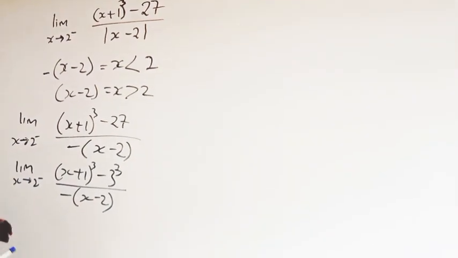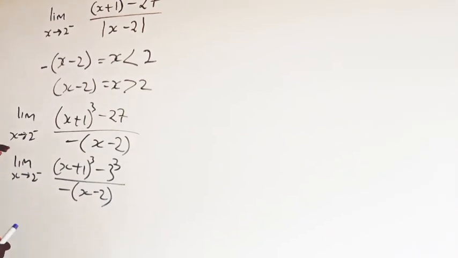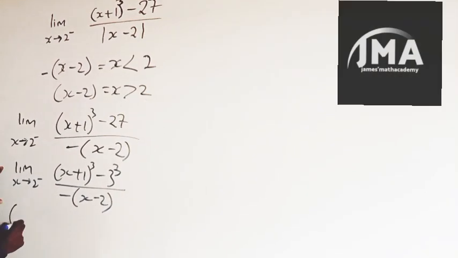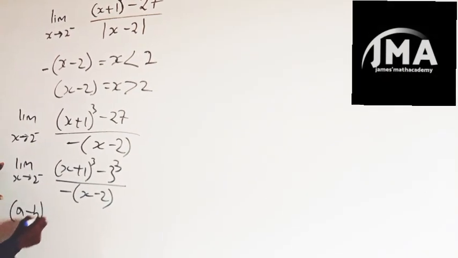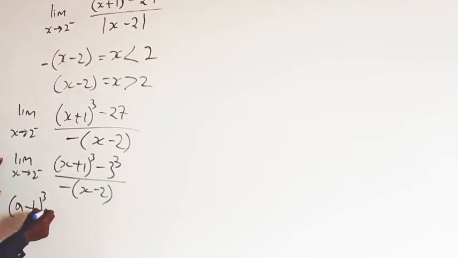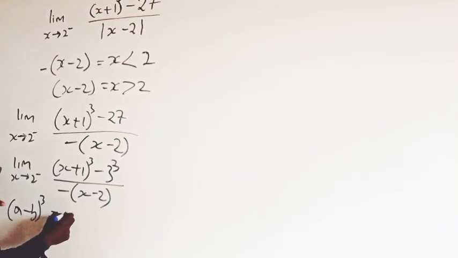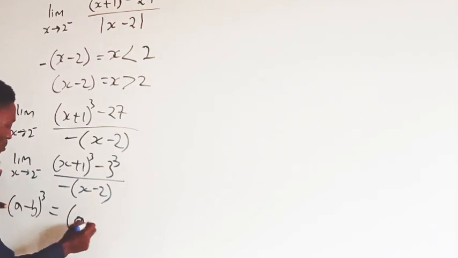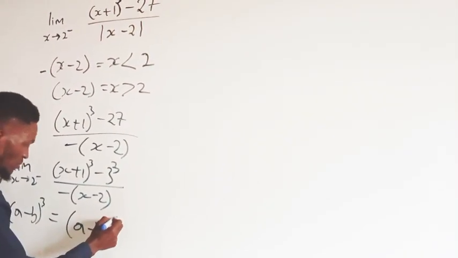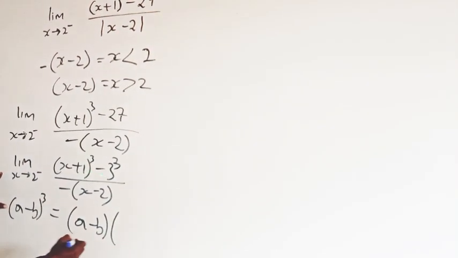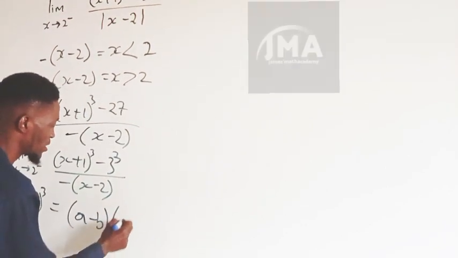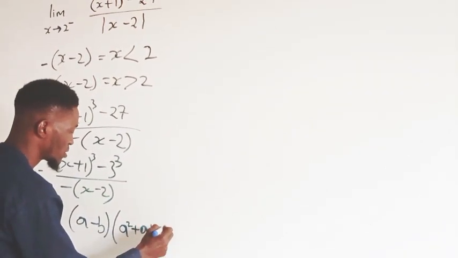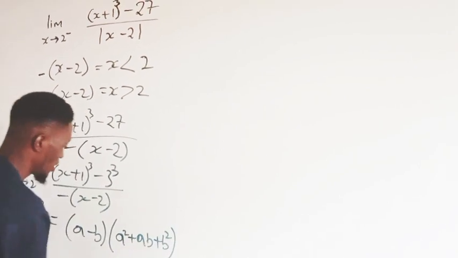So let's look at the identity of difference of two cubes, okay? For the identity of difference of two cubes, when you have a minus b cubed, it is essentially the same thing as writing open bracket a minus b close bracket and open bracket a square plus ab plus b square, okay?